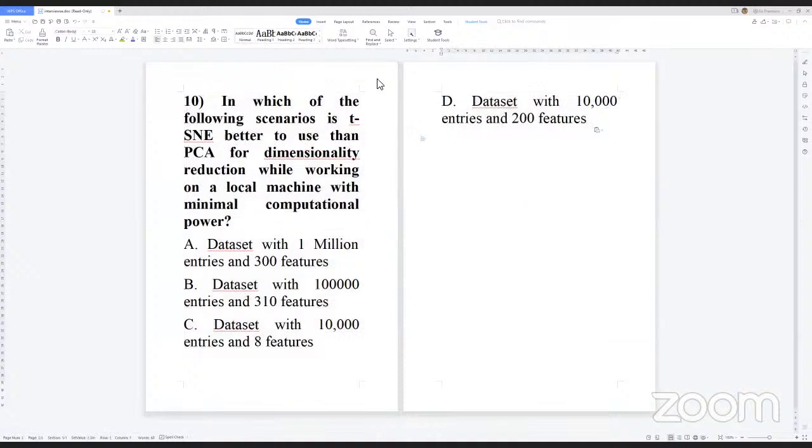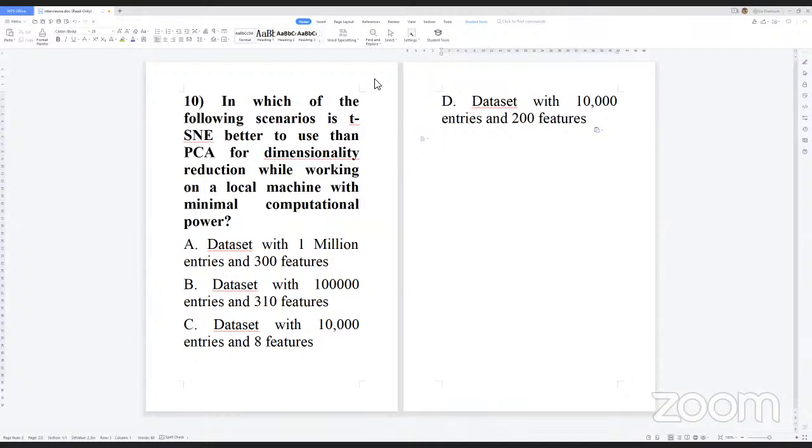So the tenth question: in which of the following scenarios is t-SNE better to use than PCA for dimensional reduction while working on a local machine with minimal computational power? Option A, dataset with 1 million entries and 300 features.